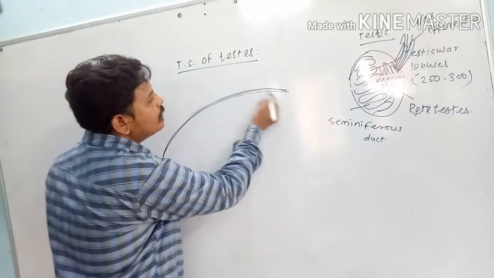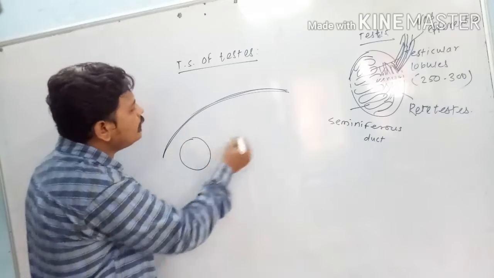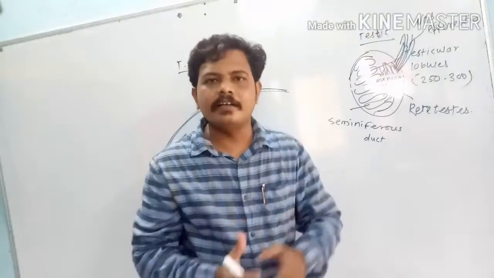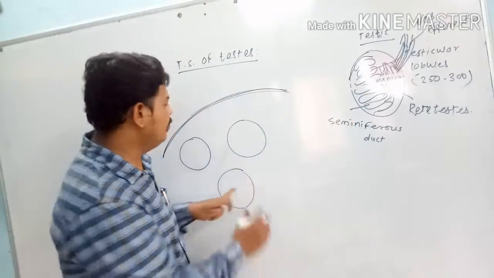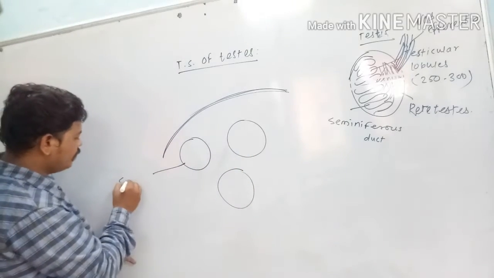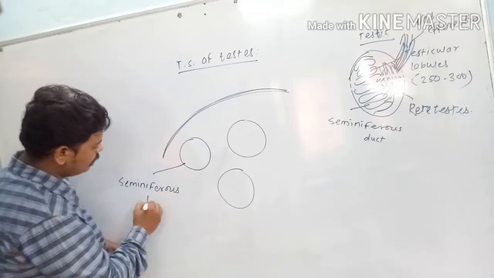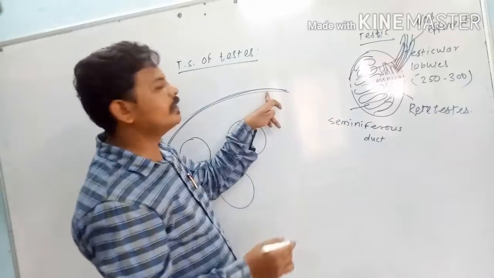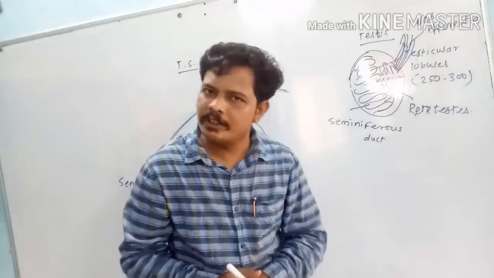This is the external covering of the testis, and these are the ducts magnified under the microscope. These ducts are called seminiferous tubules. Okay, this is the outer covering of the testis, and inside the testis, these are seminiferous tubules.